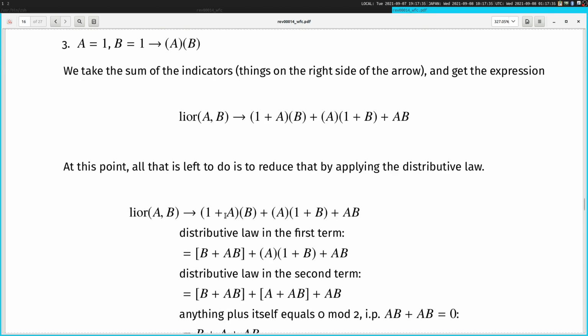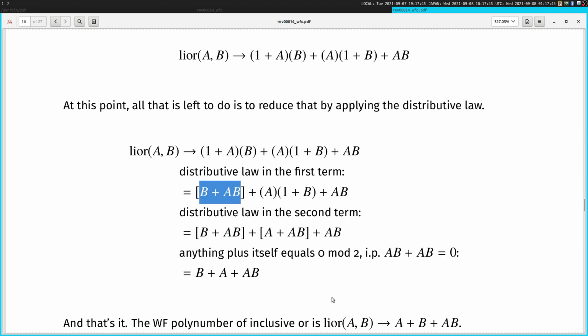Apply the distributive law in the first term, so 1 plus a times b becomes b plus ab. This a times 1 plus b becomes a plus ab, and then we have an ab over here. Anything plus itself is equal to 0 mod 2, so ab plus ab, the two of these cancel out, and then you get b plus ab, but addition is commutative in the integers.